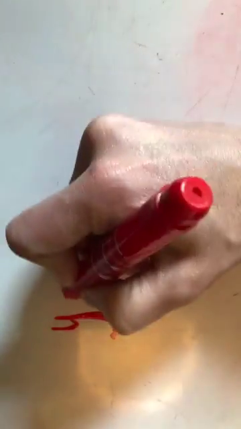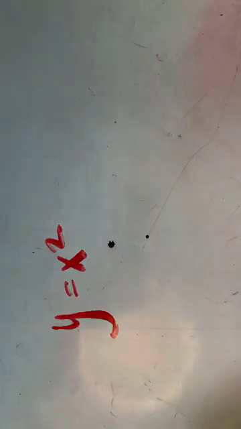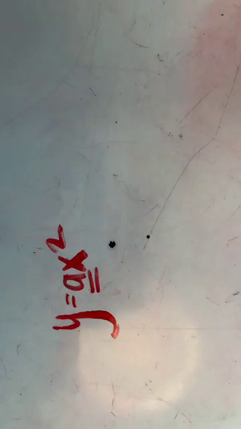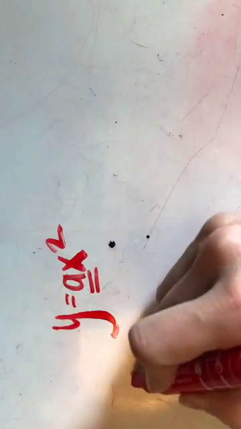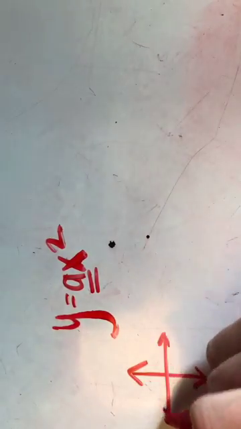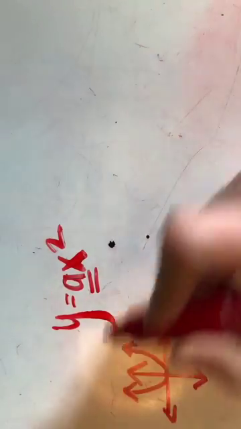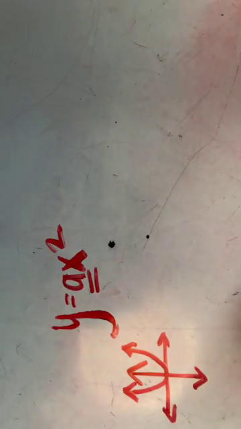So quadratic functions. If we have y equals x squared, we're going to be talking about if we have an a term in front of x squared, how that changes our parabola. So this should all be review. If we just have a regular y equals x squared, we're going to be looking at a U-shaped parabola like this.